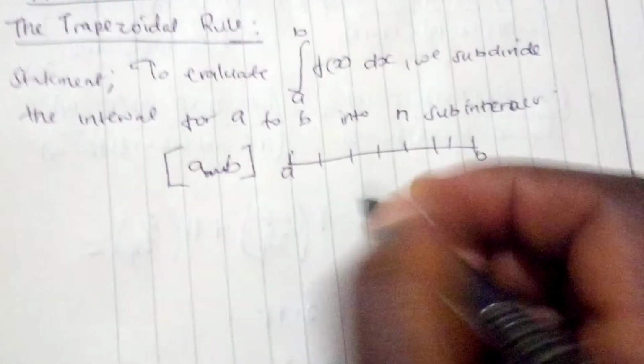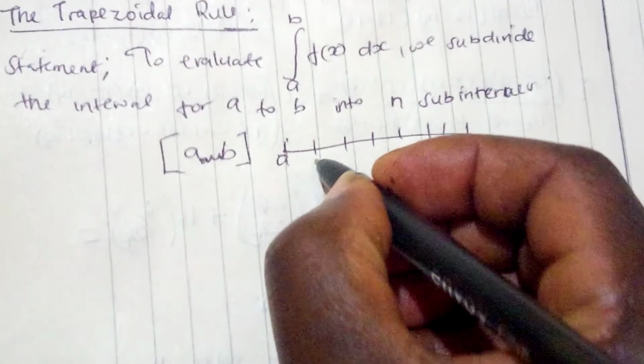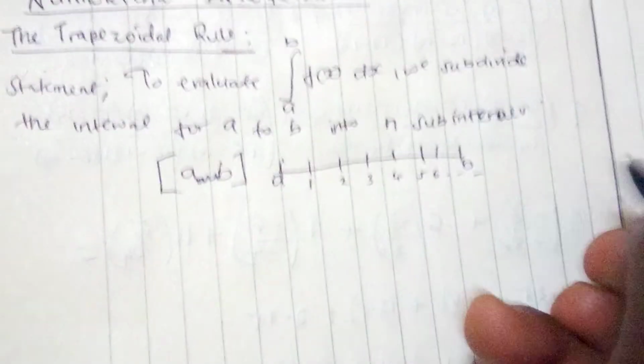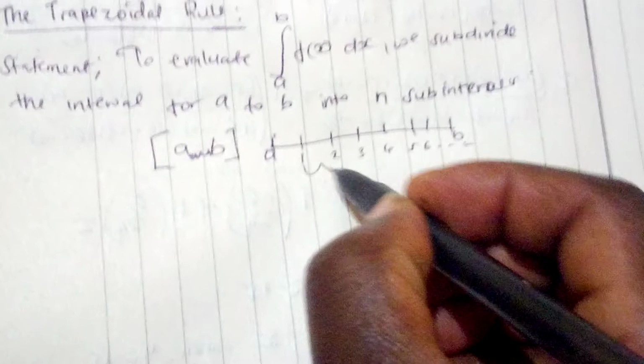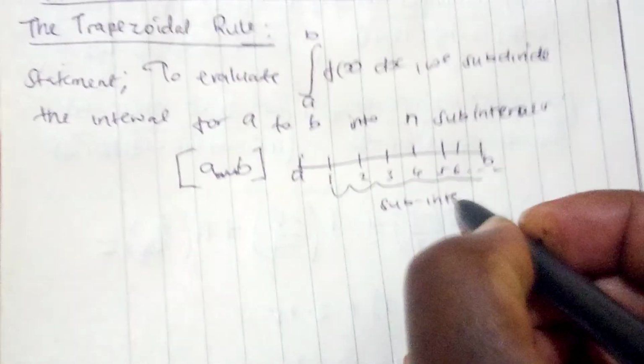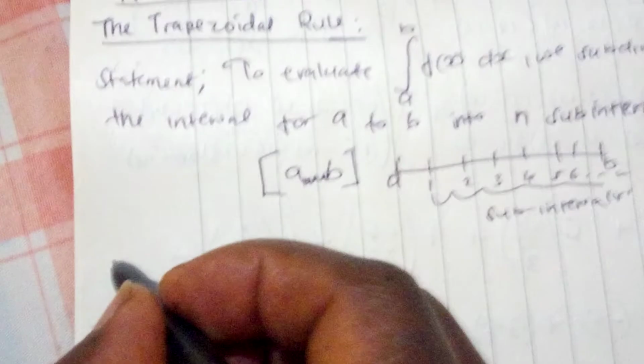Then we have subintervals, let's say this is 1, 2, 3, 4, 5, 6, and so on up to b. These are called subintervals.